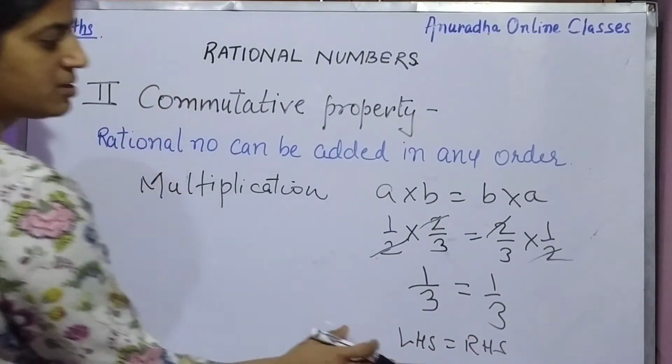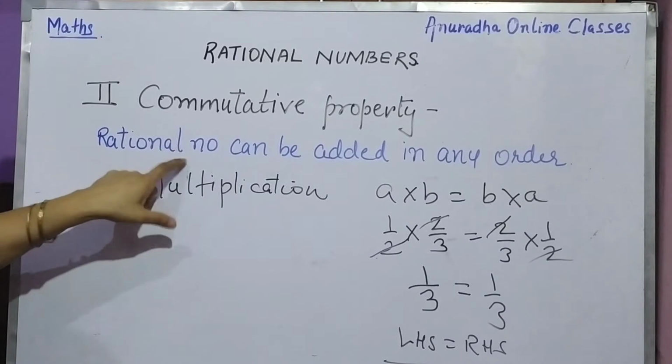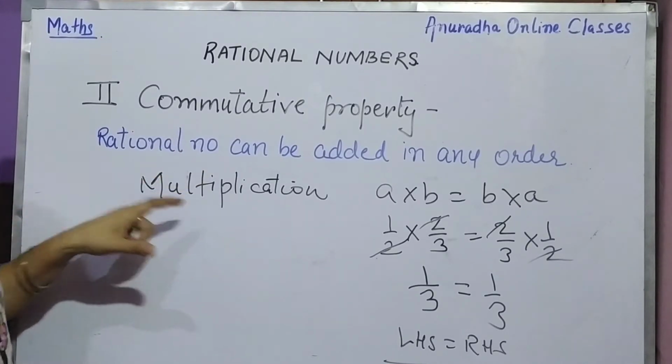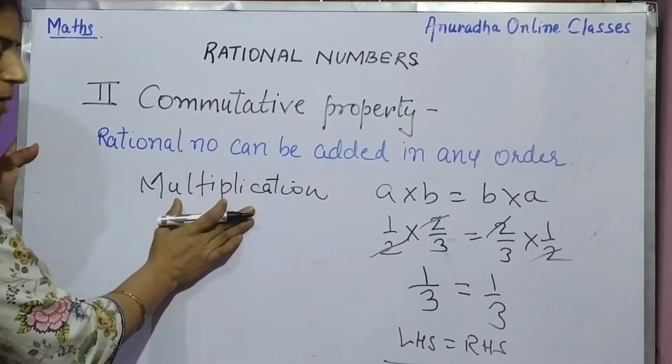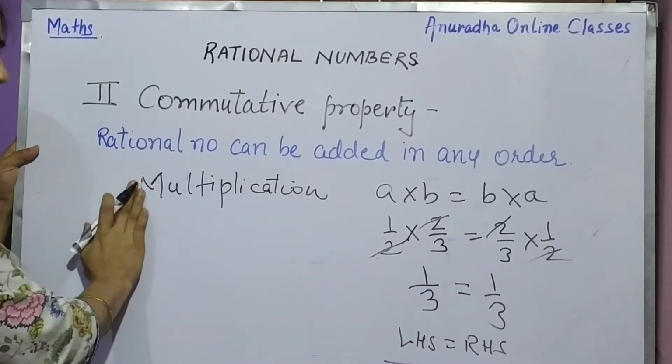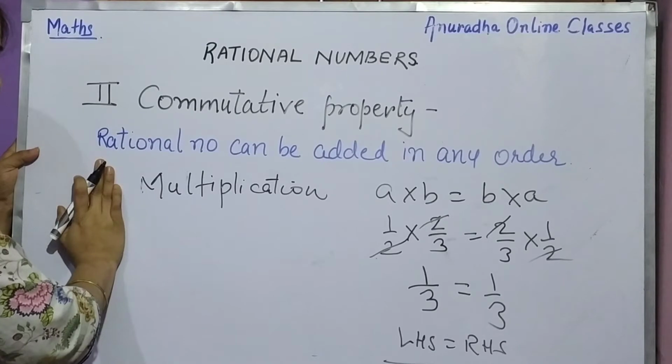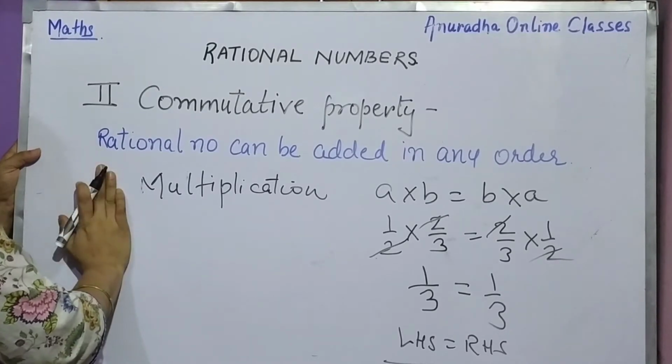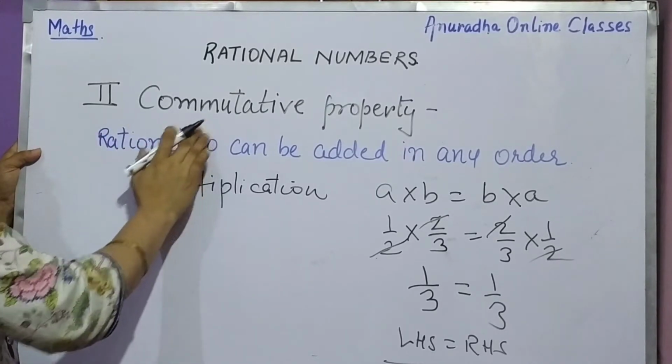That means if we multiply two rational numbers, then this property is applicable.